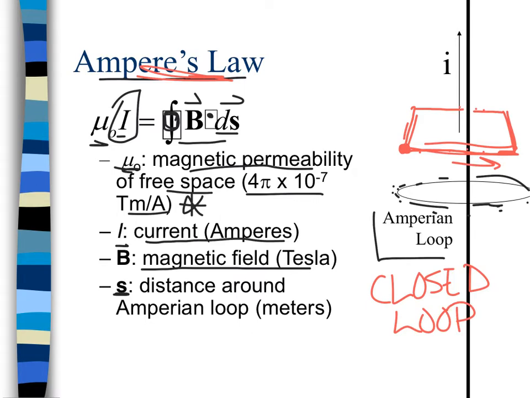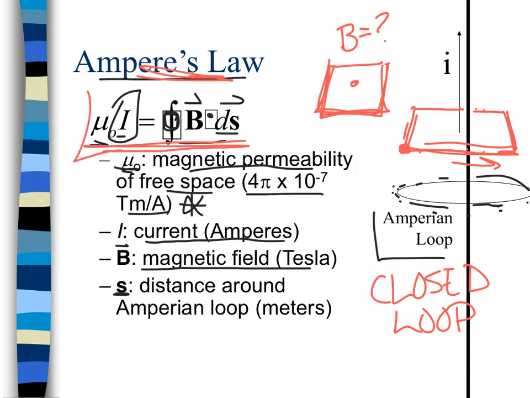Now, that closed loop doesn't even have to enclose any current. I mean, I could draw my closed loop over here. It doesn't enclose any current. It doesn't allow me to do any simplifications using symmetry in this equation, so it's not really helpful for figuring out what magnetic field is, say, right here. I haven't enclosed any currents. I can't deduce from the current enclosed by that loop anything about the magnetic field. I can't make any simplifications using symmetry.